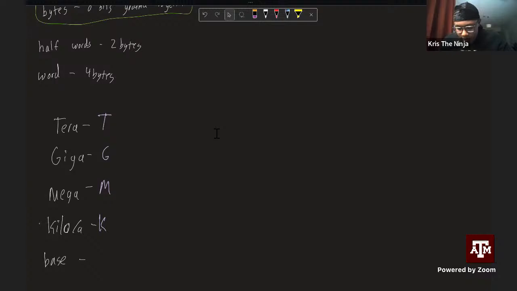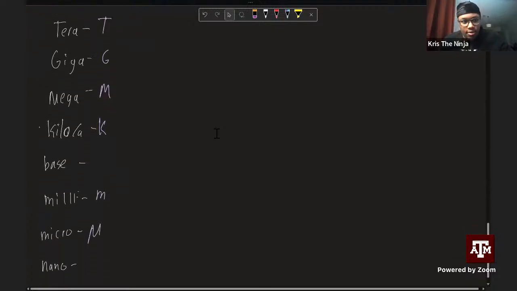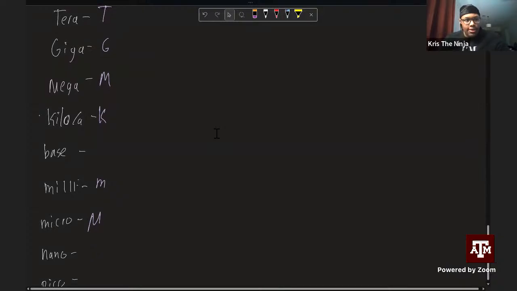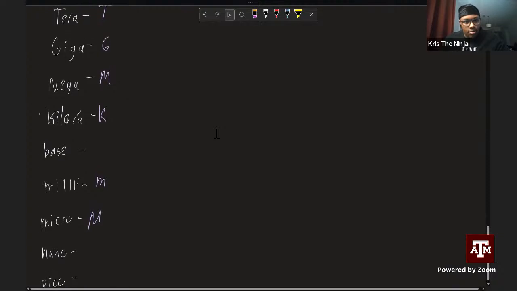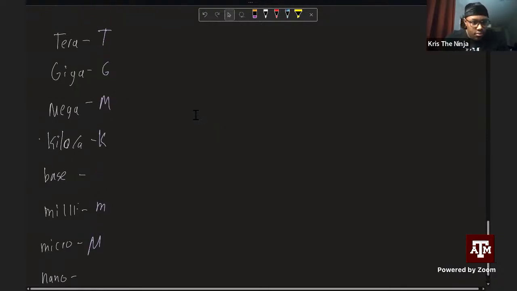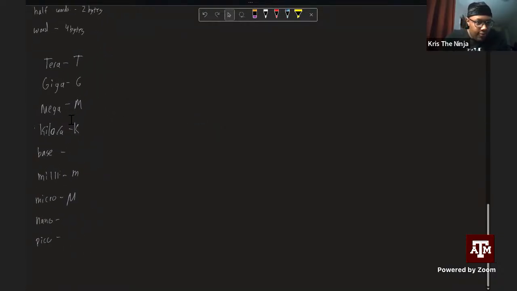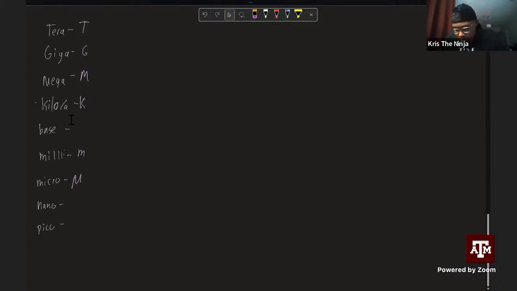Little m, you have the Greek symbol mu, which is confusing for some people. This is mu. Nano, which is a small n, and pico, which is a small p.